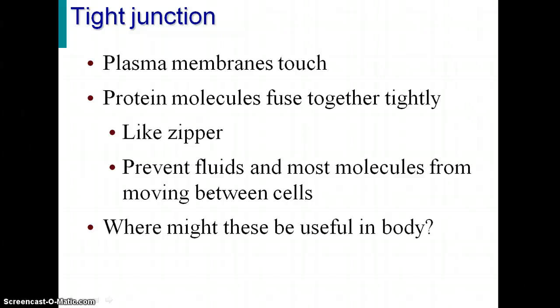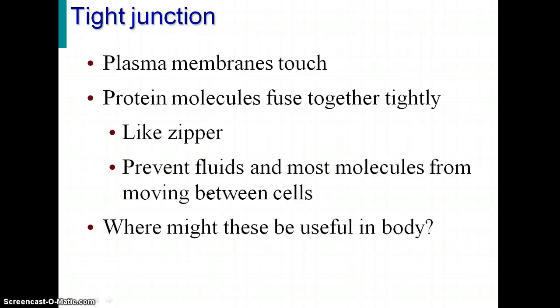So a tight junction is whenever the plasma membranes of two cells are physically touching. They're basically protein molecules on each of the cells that fuse together tightly, and it forms like a zipper. And these are really important because they prevent fluids and molecules from being able to travel between the two cells and from getting out of where the tissue would be surrounding.